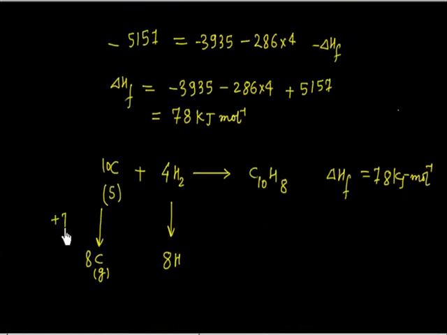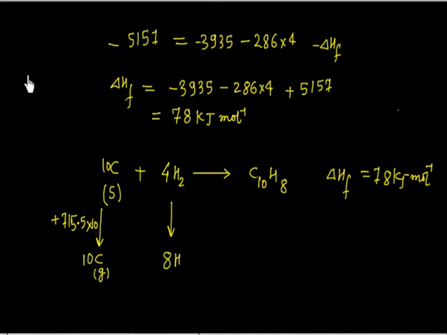I have to give this energy, and for 10 moles I have to multiply this by 10. So this is the amount of energy given for 10 moles of carbon.